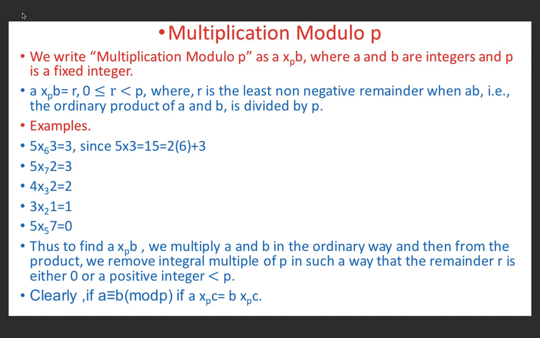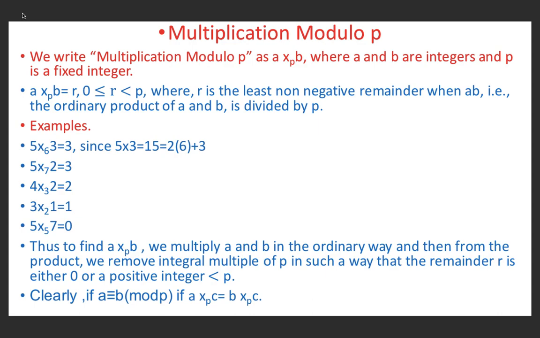Multiplication modulo 7 of 5 and 2 is 3, because when we multiply 5 and 2, we get 10, and when we divide 10 by 7, the remainder is 3. Multiplication modulo 3 of 4 and 2 is 2, because when we multiply 4 and 2, we get 8, and when we divide 8 by 3, the remainder is 2.